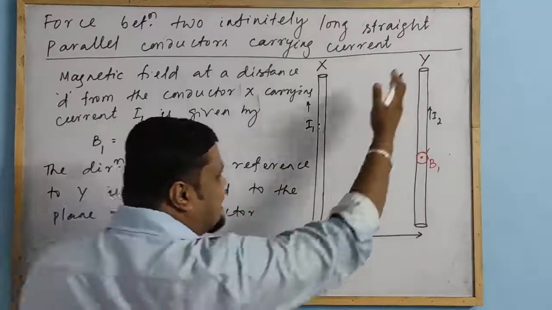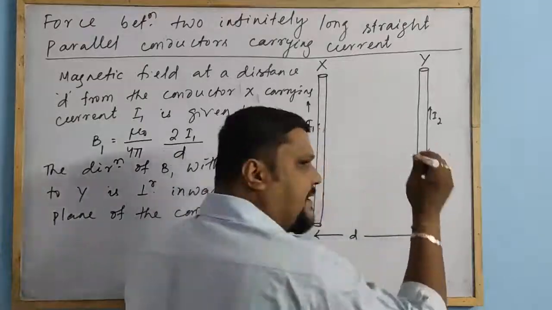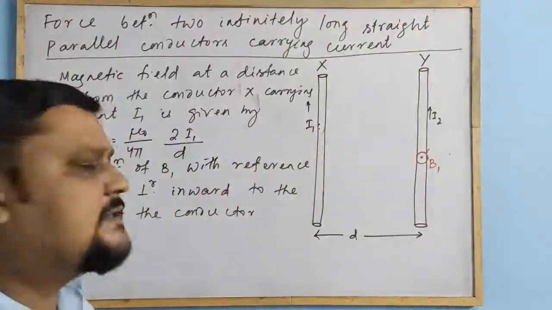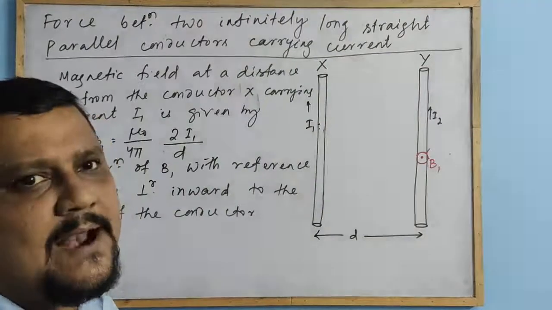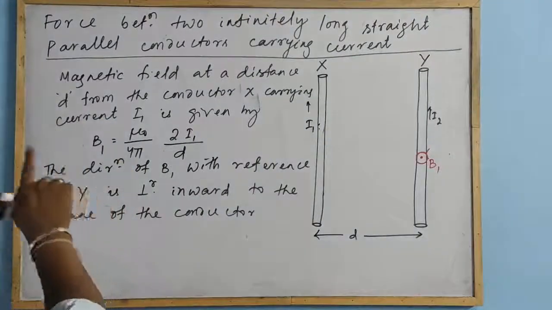This is in this plane, perpendicular inward. Clear? So this is the perpendicular inward. Now, so this is the magnetic field.